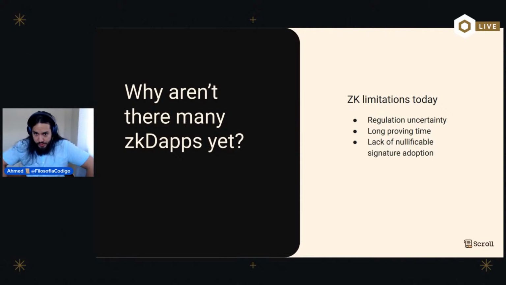First, of course, is the regulation uncertainty. As you know, there is, for example, one Tornado Cash developer in prison right now, which is of course a sad story, and there is a lot of uncertainty around this.